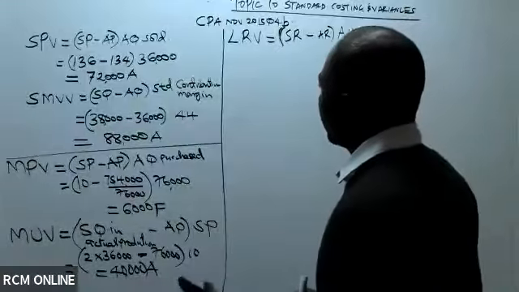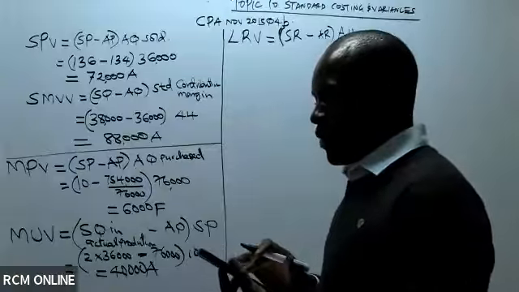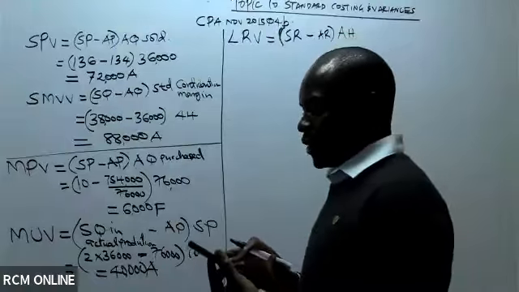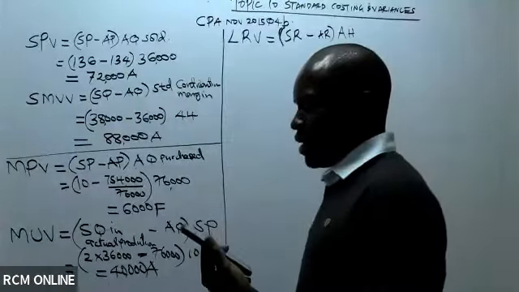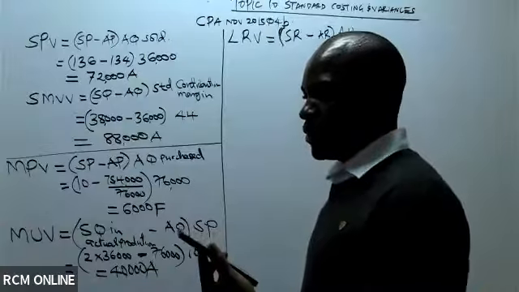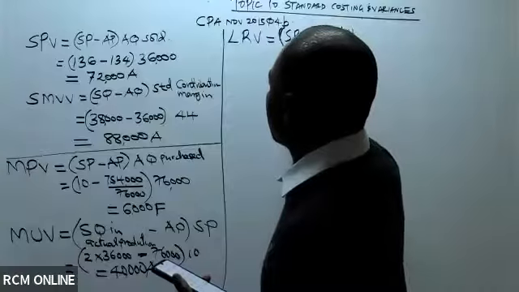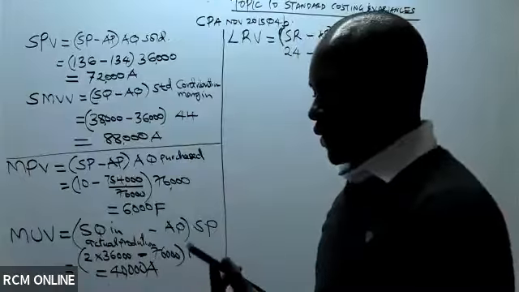So are we given the standard rate per hour? Go to the standard cost card and tell me the figure. What is the labor rate per hour? 24 shillings. What is the actual rate?